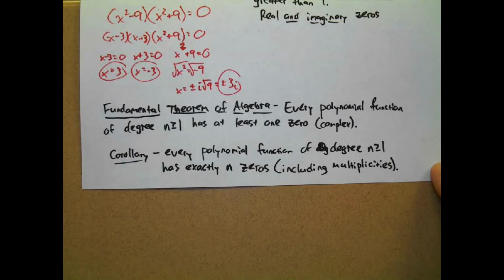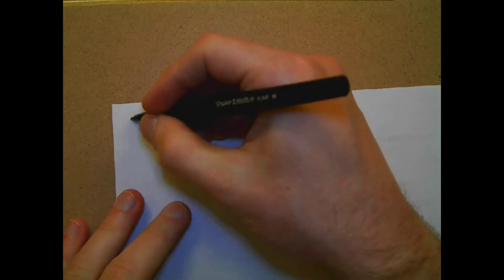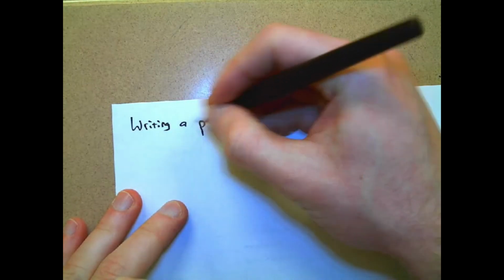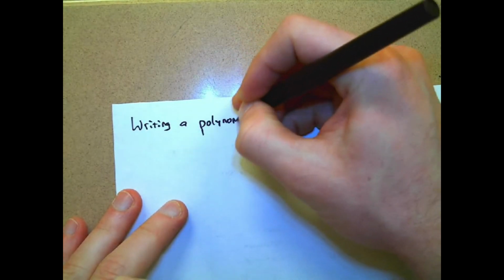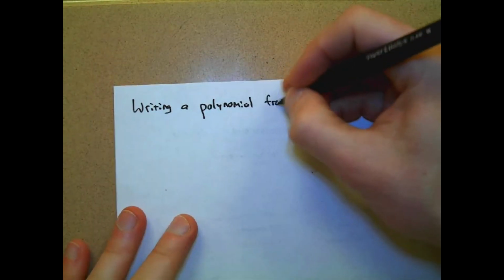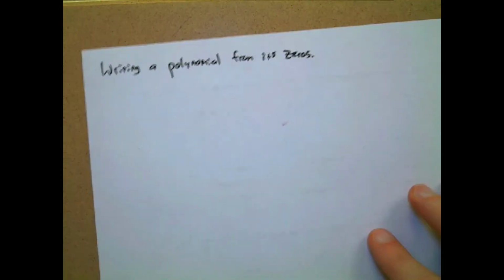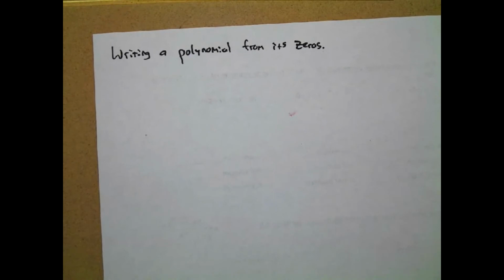And then we'll talk about this last thing here too. The last thing I want to talk about is writing a polynomial from its zeros. We've kind of been doing that, okay? But I want to kind of formally do it here too.